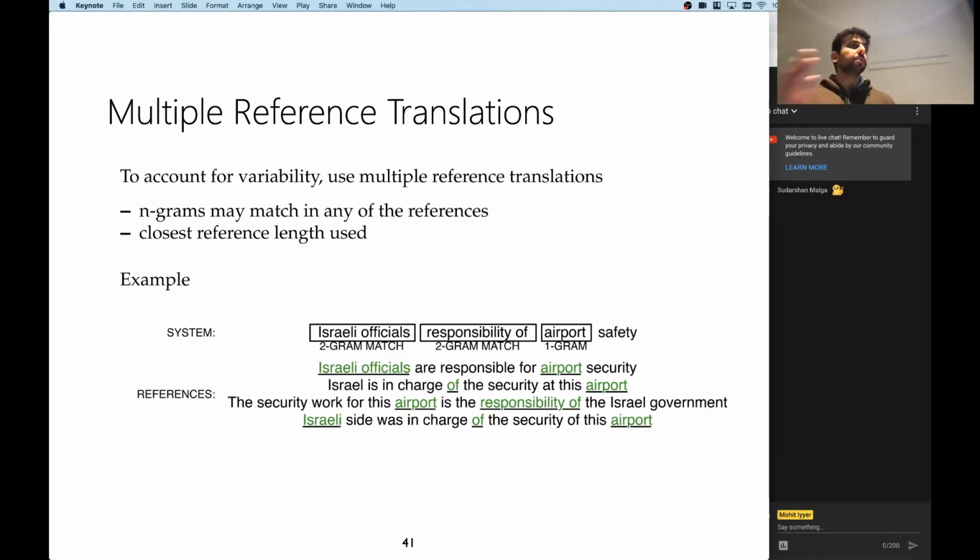And BLEU has almost ceased to be a meaningful measure of the difference in quality, probably for reasons that you described. Maybe now, it's much more important to focus on certain words or phrases that are much more important to the meaning than others. And so that's why the learned metrics now are taking over. But we'll get to those in a bit.